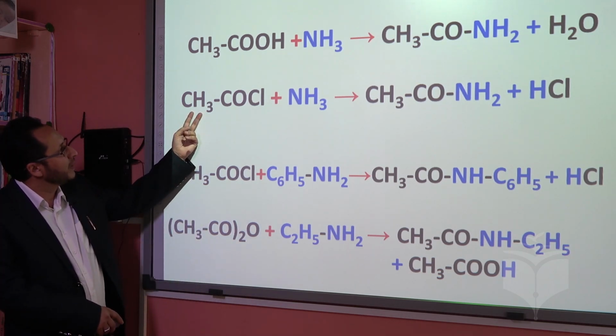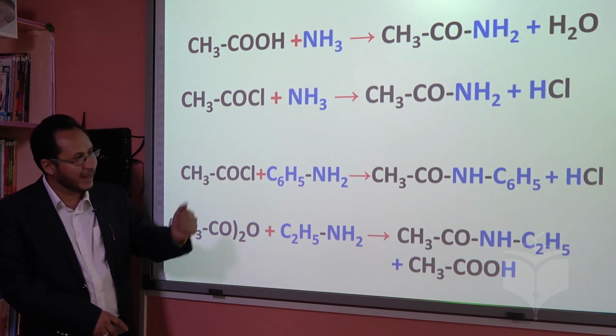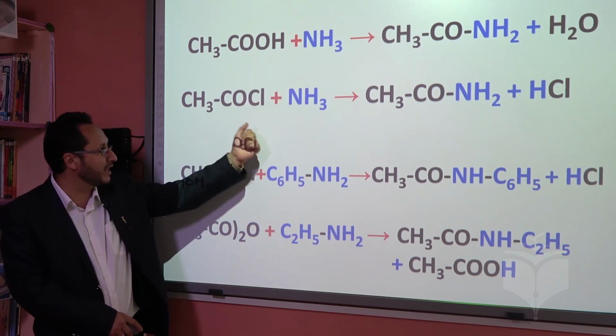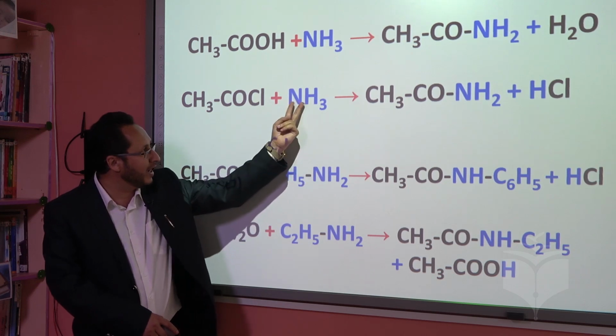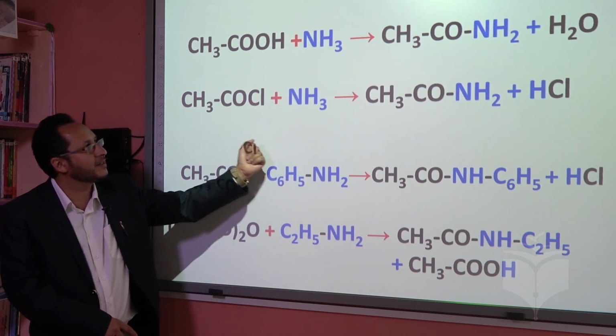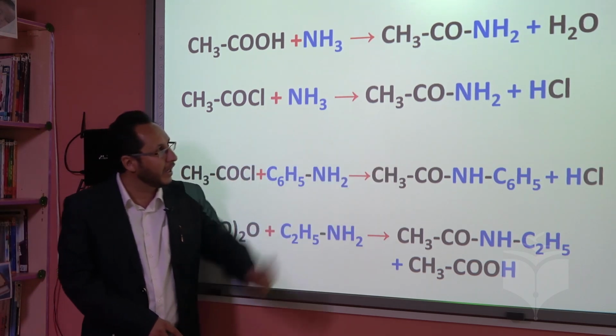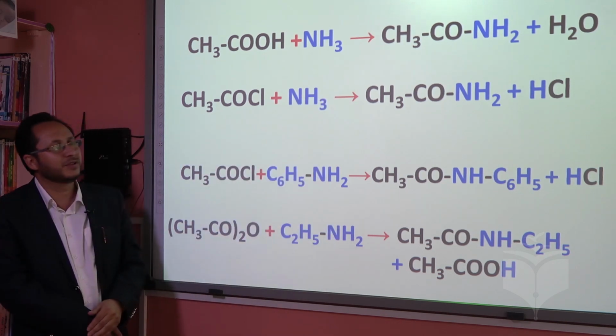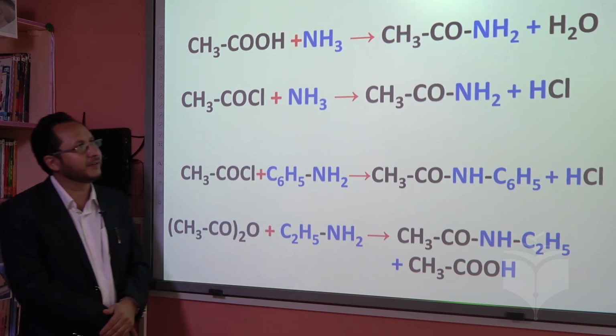Here we have CH3COCl. As I said, you have to remove this Cl with one hydrogen, and here we have NH2 replacing Cl, so CH3CONH2, the same compound, just the side product is different.